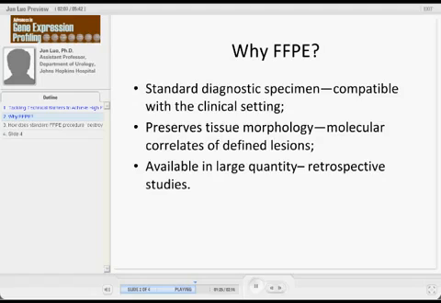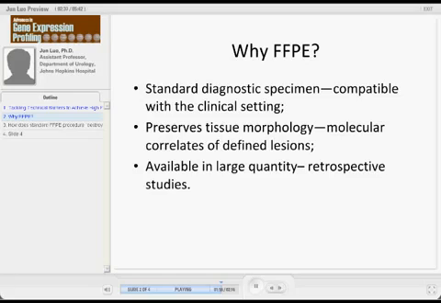Second of all, I'm also interested in analyzing pre-malignant lesions such as high-grade PIN. Those lesions are very difficult even to identify in frozen tissues because the freeze-thawing process would pretty much destroy the morphology. You can't identify those lesions. So if you are able to work with FFPE, that's going to allow you to identify the molecular correlates of those defined lesions.